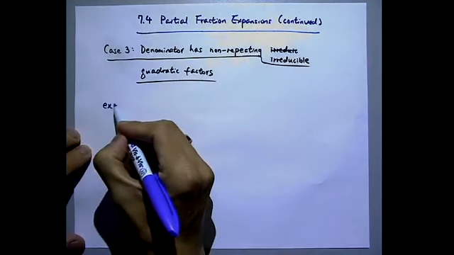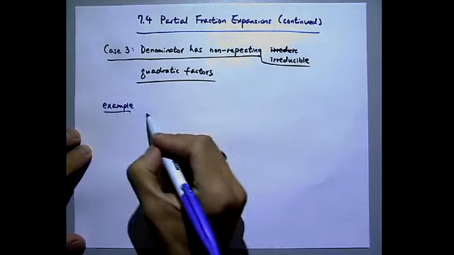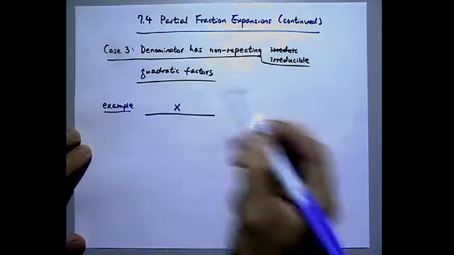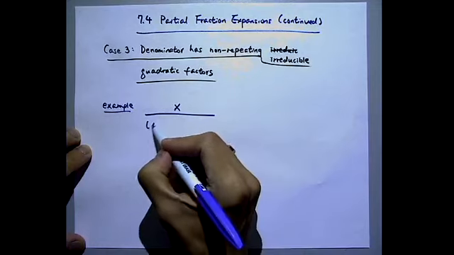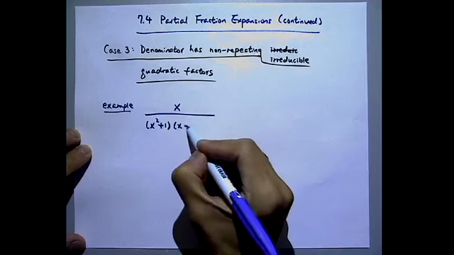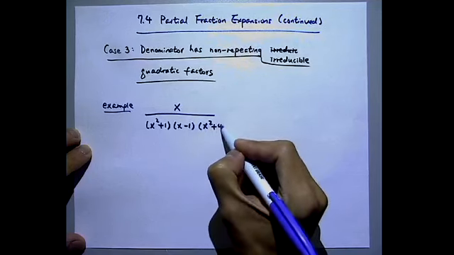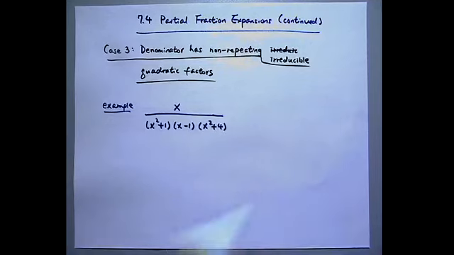So for example, suppose we have this. After you factor the denominator, we ended up getting x over x squared plus 1, x minus 1, x squared plus 4.